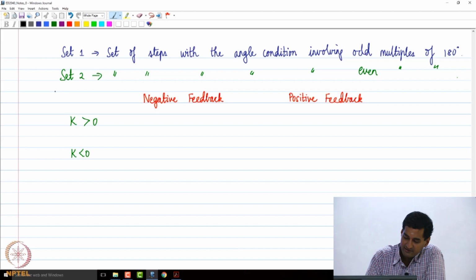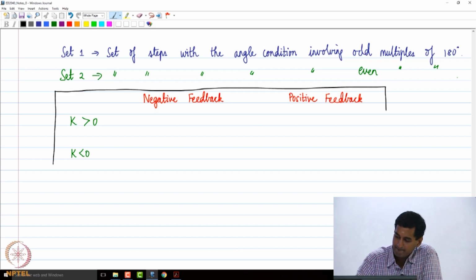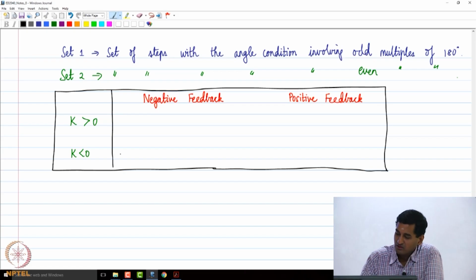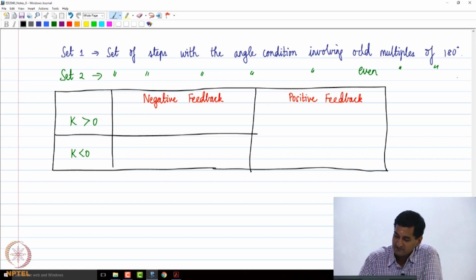We can form a grid like this. So, what would be used for the case when we have negative feedback and positive k?